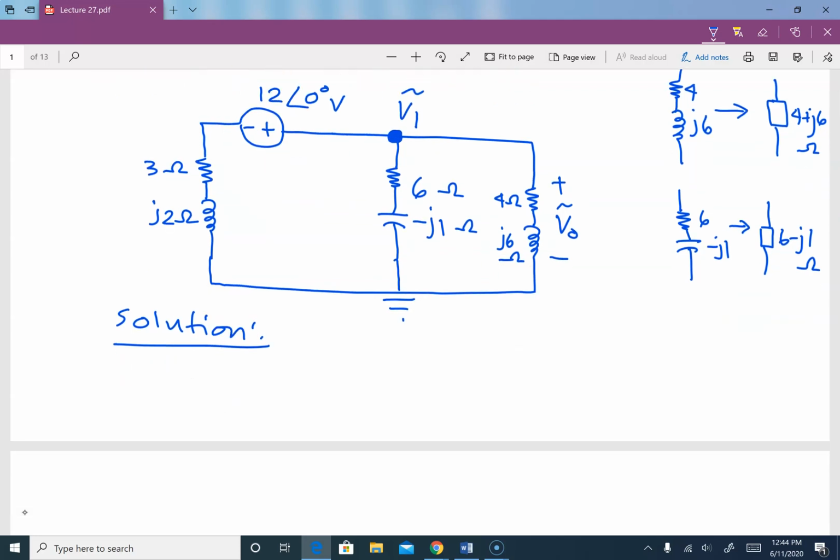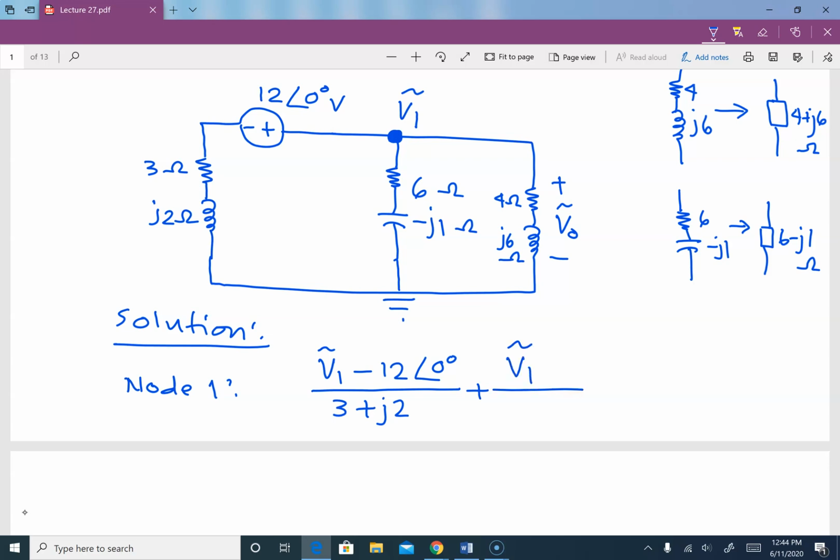So at node 1 we have V1 minus 12 with angle 0 divided by 3 plus J2, plus V1 over 6 minus J1, plus V1 over 4 plus J6, that is equal to 0. So we express the current in this branch, the current in this branch, and the current in that branch.